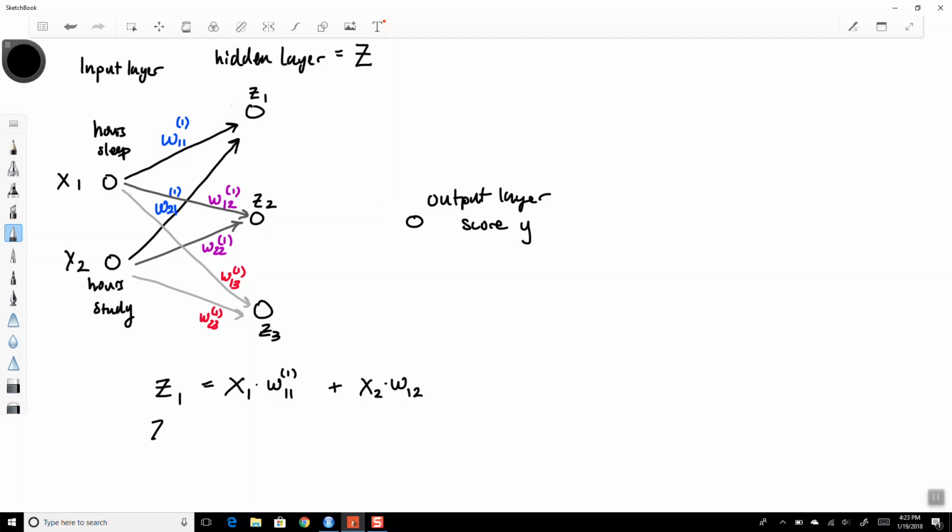And then, Z2 would be equal to x1 times weight 1, 2 plus x2 times weight 2, 2. And then we would have Z3 would be x1 times weight 1, 3 plus x2 times weight 2, 3.